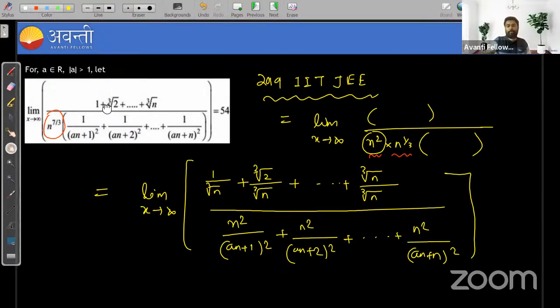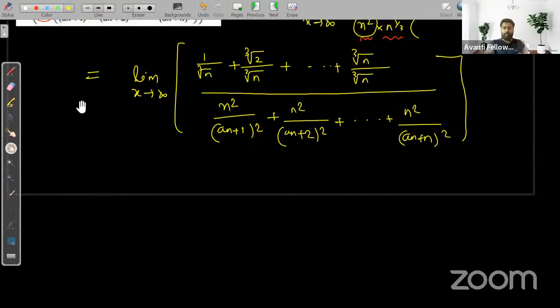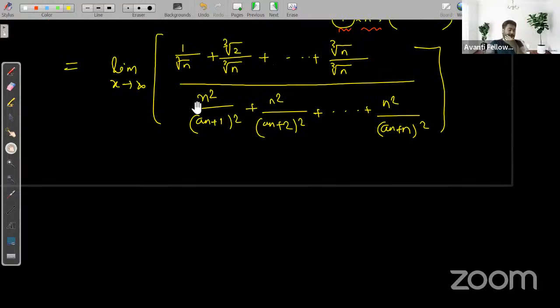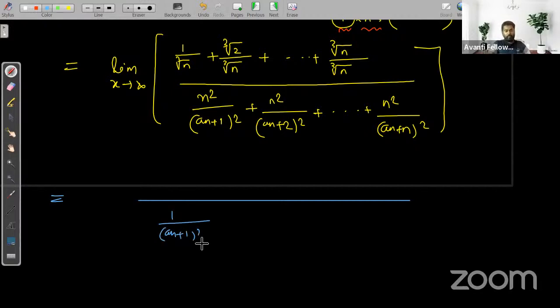Now, a further simplification. I am trying to write this denominator in the following form. In the denominator, I write this term as 1 upon n plus 1 whole square divided by n square, is there any problem? No. Plus 1 upon n plus 2 whole square divided by n square, no issues.